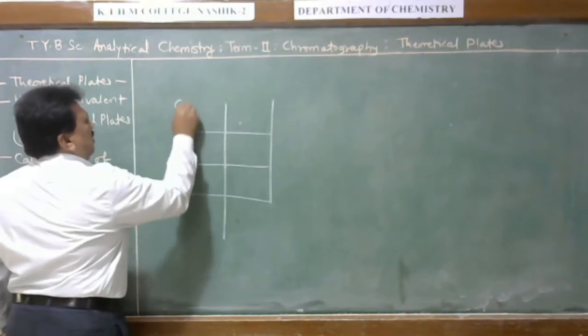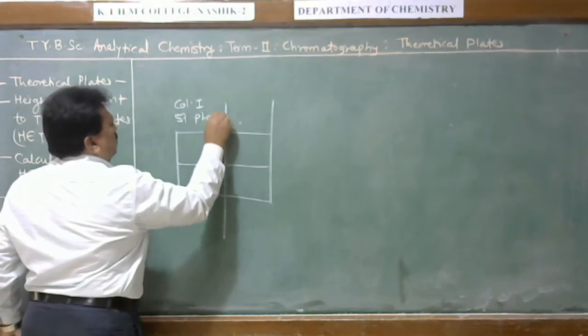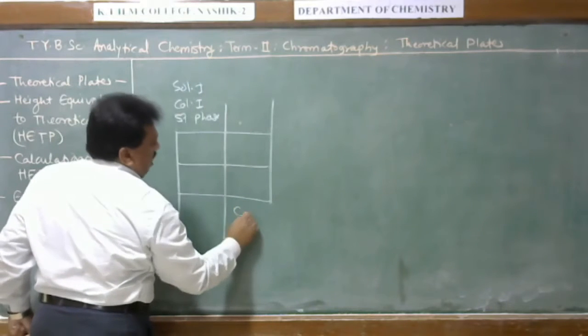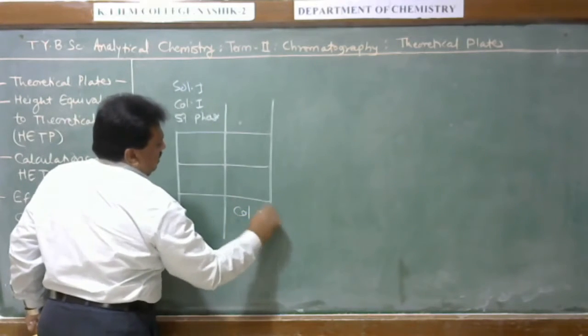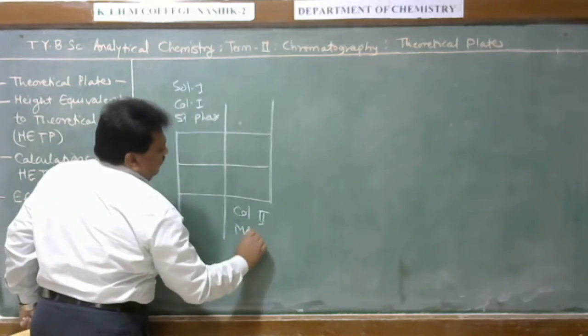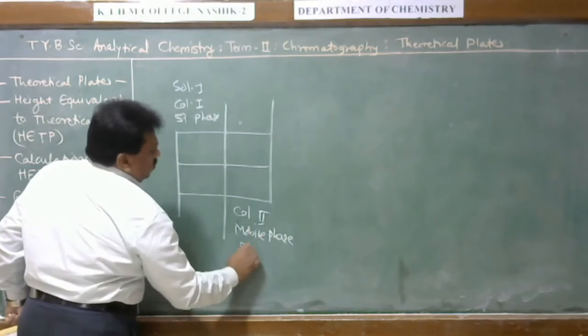This is column first, the stationary phase containing solvent first. This is column second, the mobile phase, and this is solvent second.